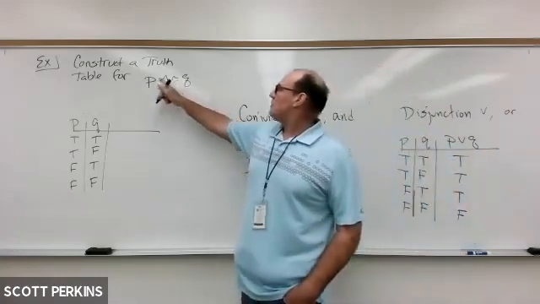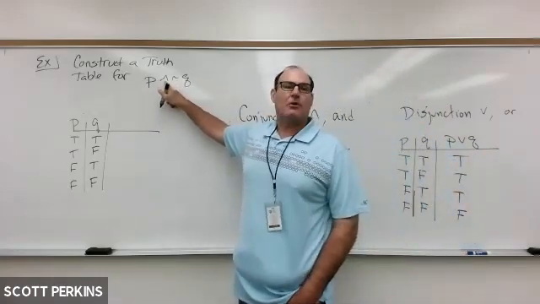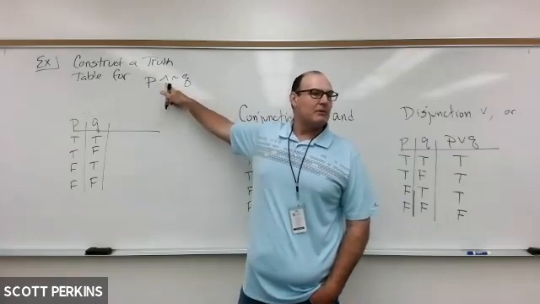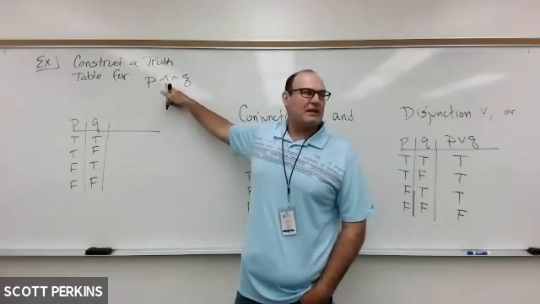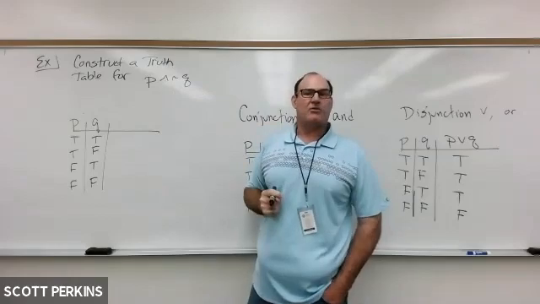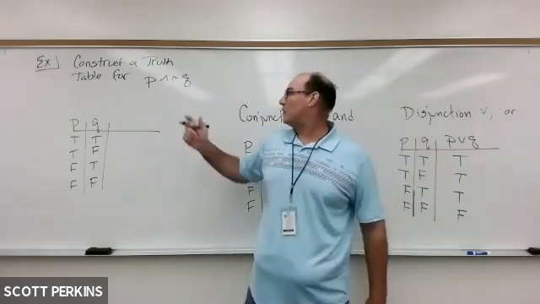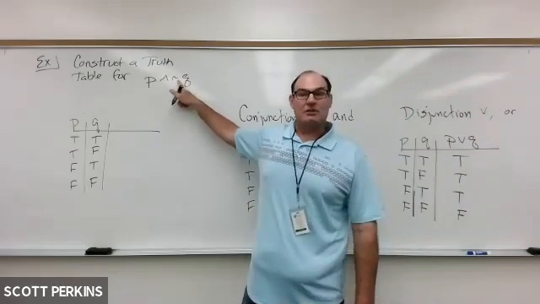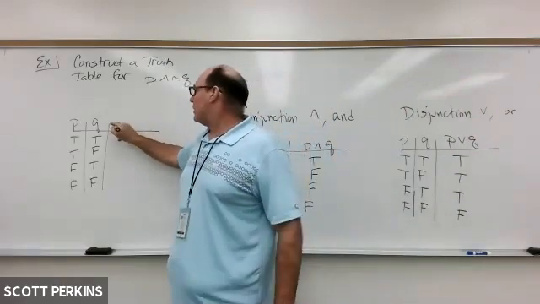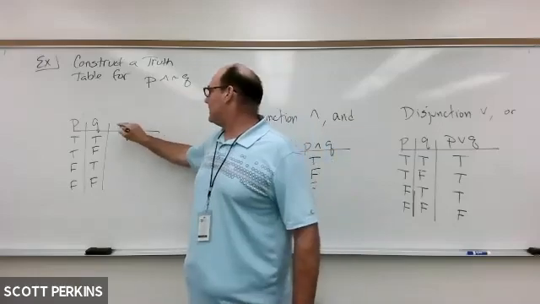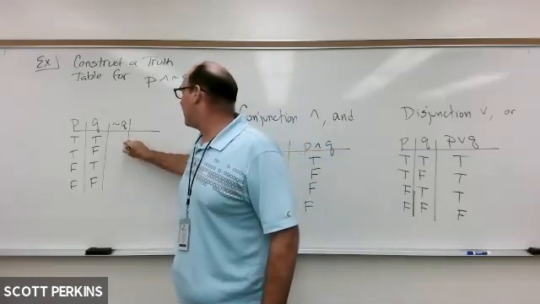Before I do the conjunction, before I do the and statement, what do I need to do first? What do I need to do a column for? The squiggly, yes, the squiggly one. The squiggly one is the negation. So before I can do the whole problem, I need a squiggly Q column right here.